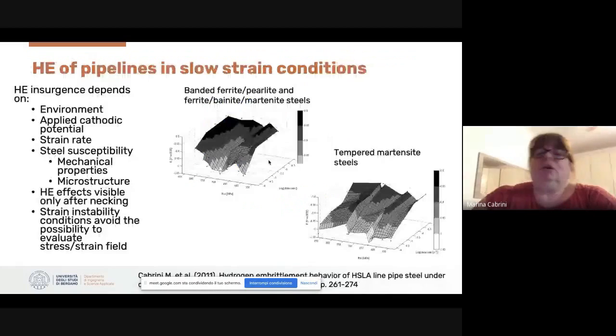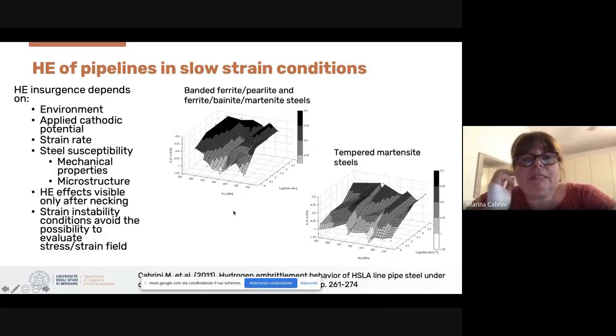In order to evaluate the effect of the steels, we have done some tests using the traditional slow strain rate test and considering what we call the critical potential.